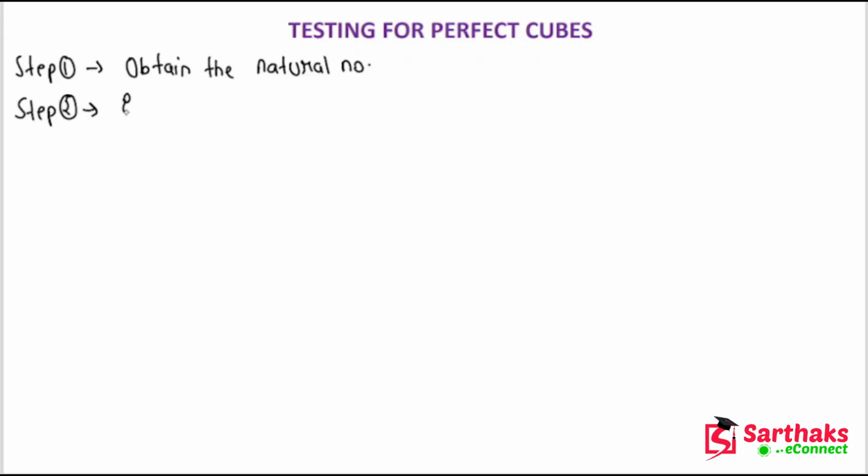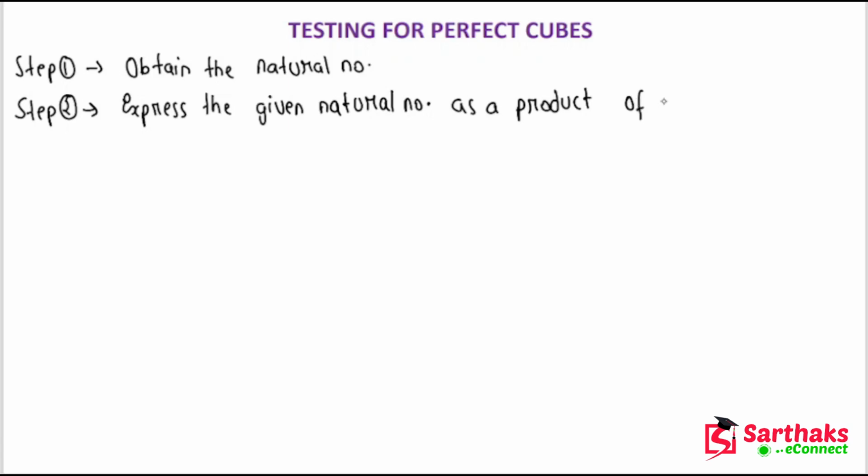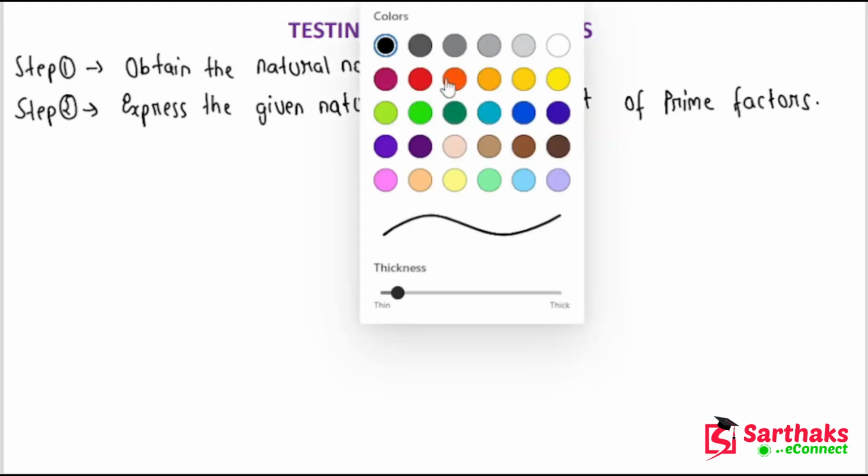Second step, express the given natural number as a product of prime factors. Okay, so we should express the given natural number as a product of prime factors. That is basically we are asking you to do the prime factorization.